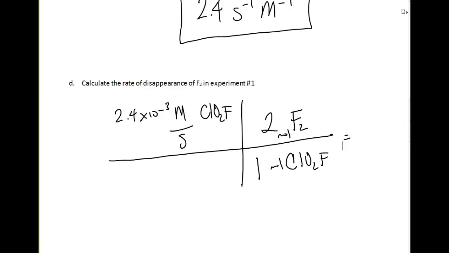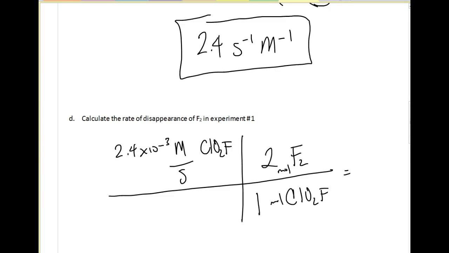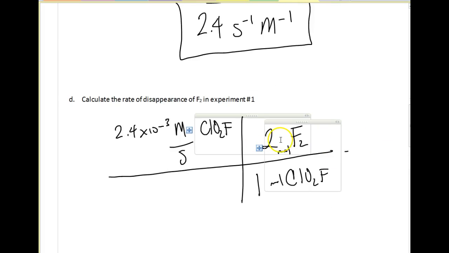I'm going to double check this because I'm going off of memory and make sure my coefficients are all correct. Oh, I had them backwards. F2 does have a coefficient of 1, not 2. I'm glad I double checked it. Erase that off there and there.